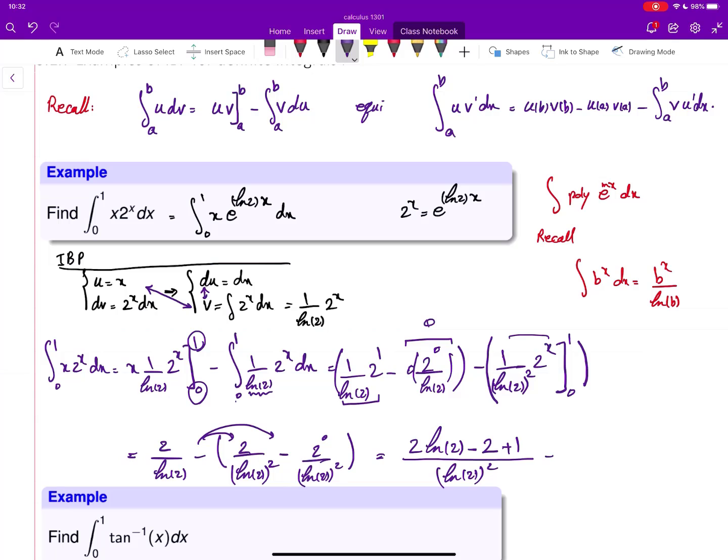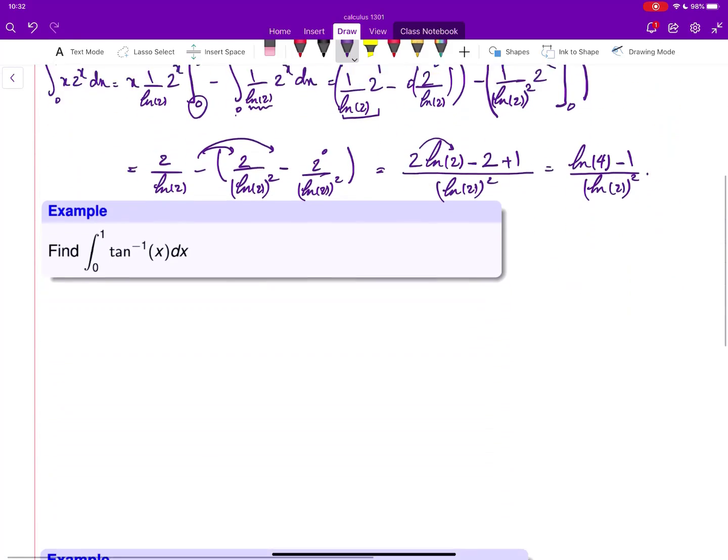Another simplification: I can bring the 2 inside as a power, so 2 to the power 2 is 4. This is ln 4 minus 1 over ln 2 squared. That's the value we have for that specific one.